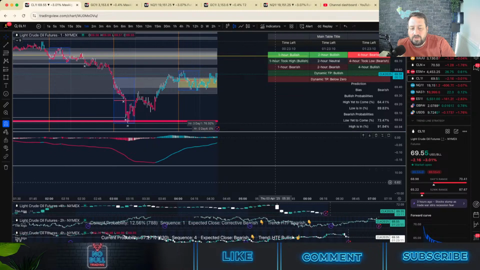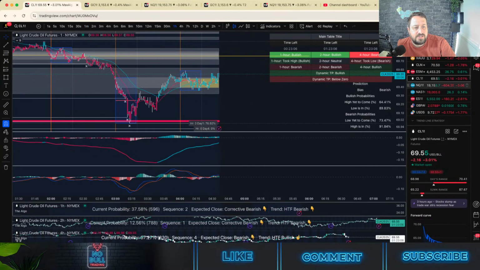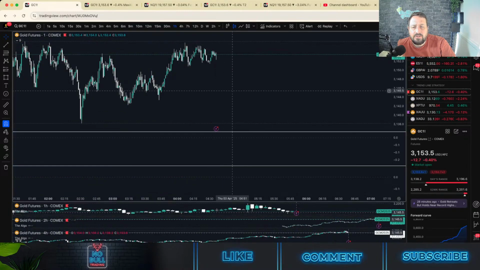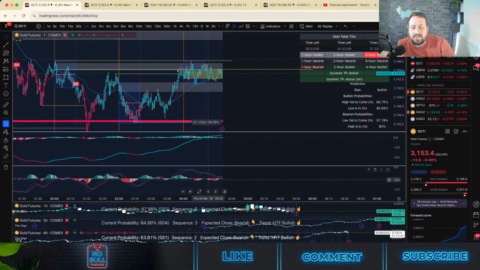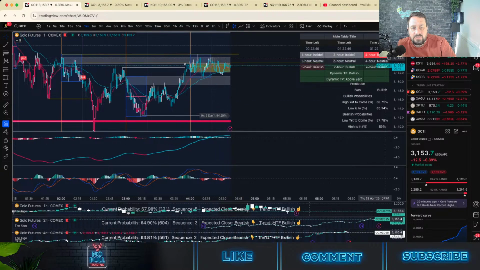I'm not talking about a lazy boy trade, because we are not aligned. So 2 hour has gone to a corrective bearish. 1 hour's on a sequence 2 for CL. Still struggling. Oh, this is obviously still very bullish, right? So we're correcting, but we're correcting horizontally, right? We are maintaining that level, and it might just be, like I said, we need to just complete this 4 hour candle, possibly.